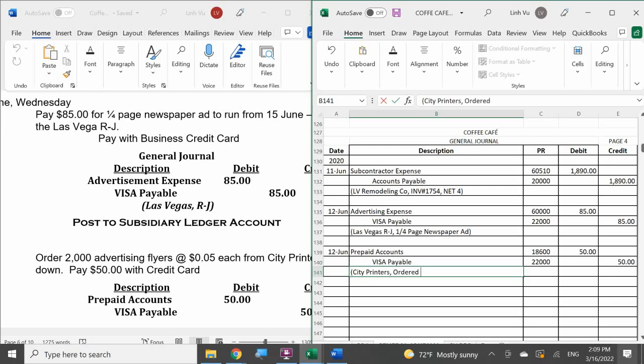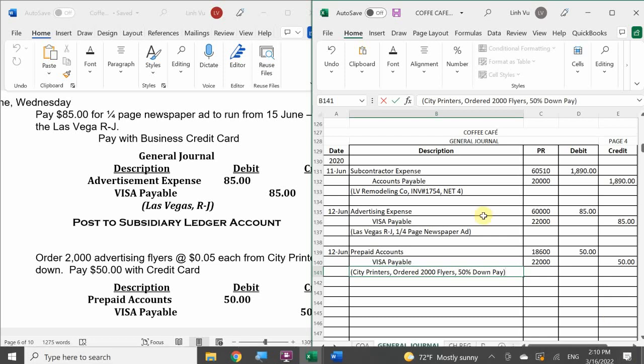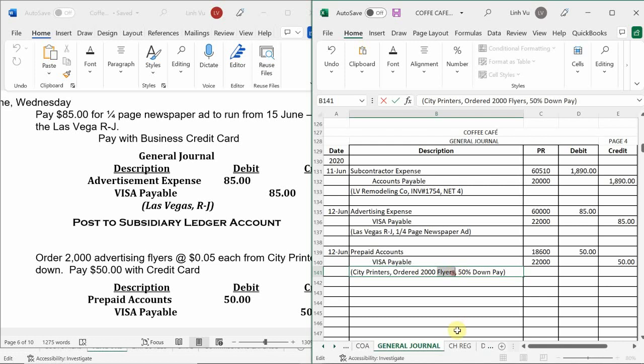Ordered 2,000 flyers, and say that this is a 50% down payment. I'll probably put extra information saying we bought 2,000 flyers at $0.05 each. So then the 50% down payment makes sense.